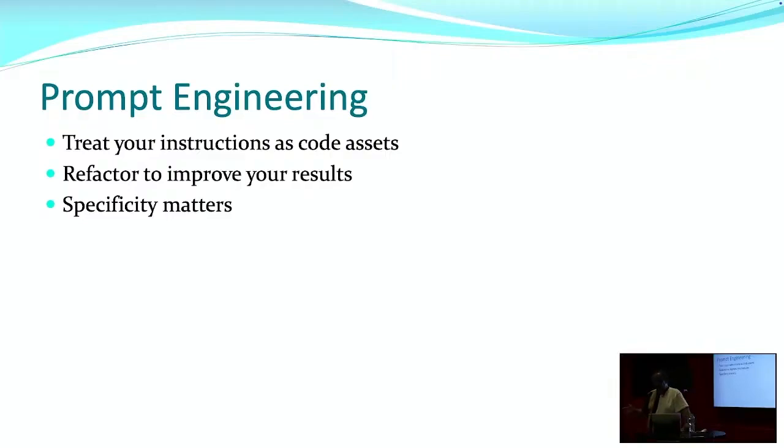Most important is specificity, because your LLM has a limited context. Think of it like the memory stick on your computer. Once it overflows that context, you'll start seeing things like "summarizing conversation."